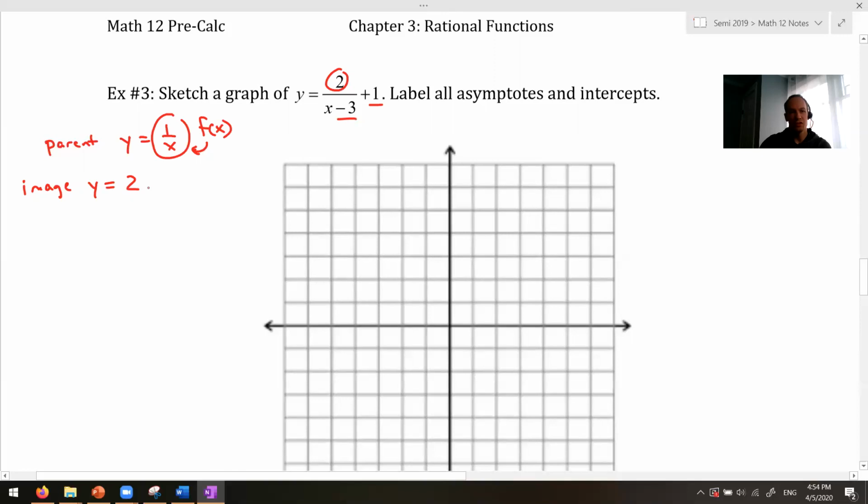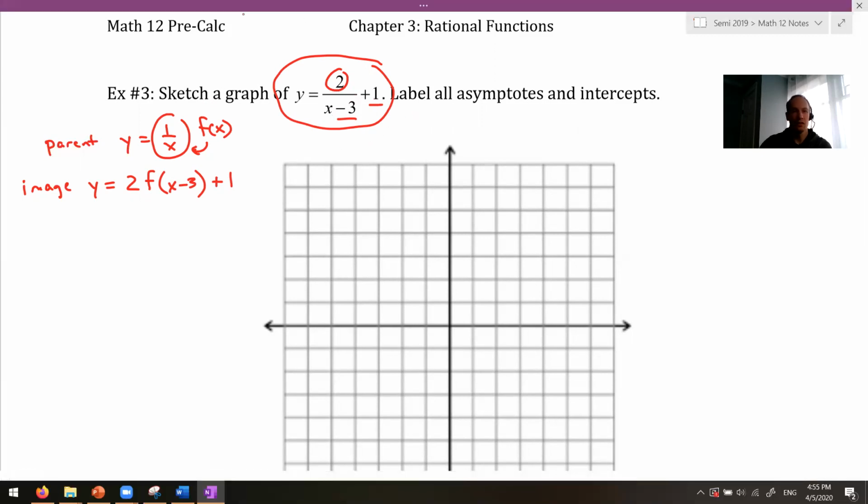So I'm going to say this is like 2f of, now instead of x being in the denominator, it's x minus 3, so that's where in the argument we would write it like this. And there's a 1 added on to the end, so we would add a 1 like this. So we can think of this complicated looking thing as 2 times 1 over x, so that's where the 2 over x comes from. And we've got x minus 3 on the bottom, so that's why I put that in the argument, and then the plus 1 at the end there.